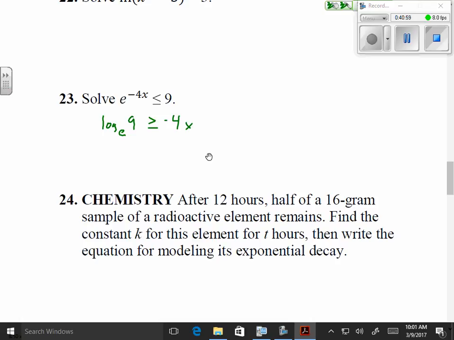So what might be easier, and you could put this in your calculator, but the problem is we might get that backwards. 4x should actually stay on the left. The other way to do it is to take the natural log of both sides.